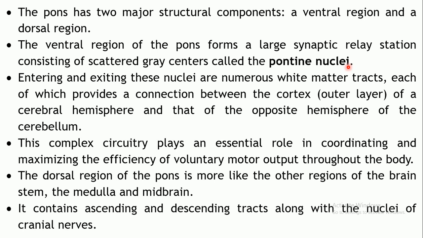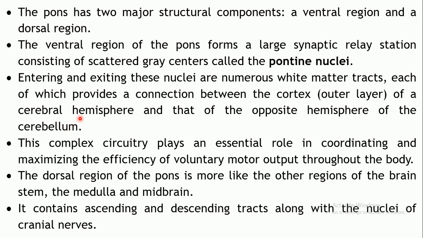So a number of neurons will be entering and exiting these particular nuclei, which will carry a particular type of signal, which provides the connection between the cortex, which is the outer layer of the cerebral hemisphere, with that of the opposite hemisphere of the cerebellum.